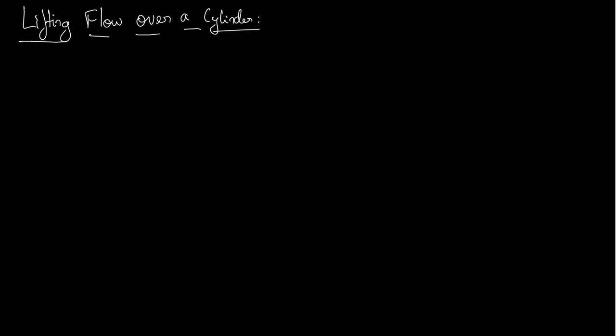Lifting flow over a cylinder seems just ahead. To get a lifting flow over a cylinder, we'll do the same thing. This is my non-lifting flow over a cylinder. Let me just try it quickly.